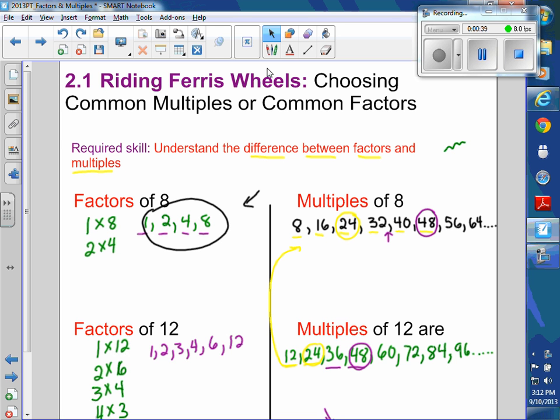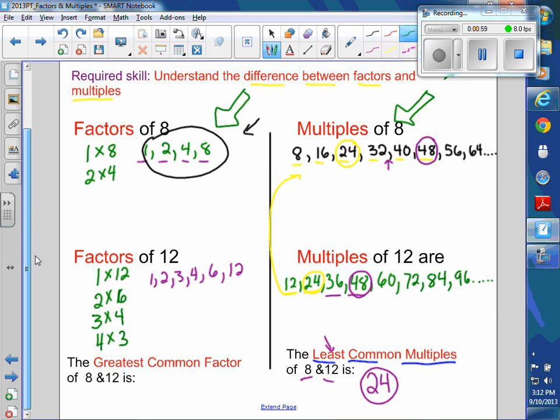So this is where the last recording left off when you guys did the coming into class today. We talked about finding multiples, right? That would be these over here. And we talked about finding factors over here. And last night we focused on finding the least common multiple in the homework.